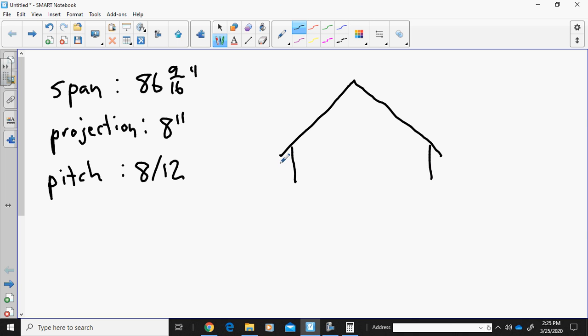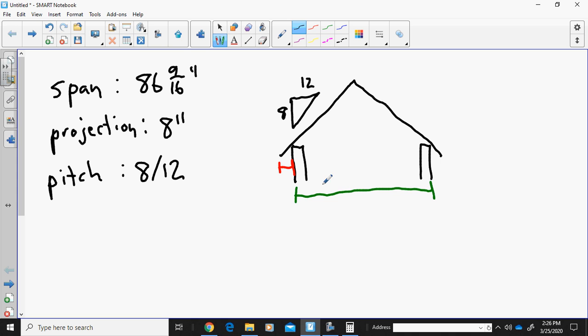So we have our projection here to here. We have our span all the way across to the outside of the wall. And then our pitch up here. So for every 12 inches, we're going to go up 8 inches, which isn't really done correctly.